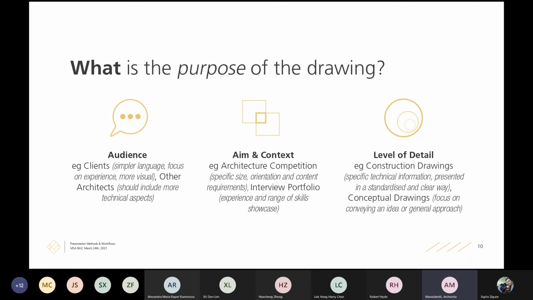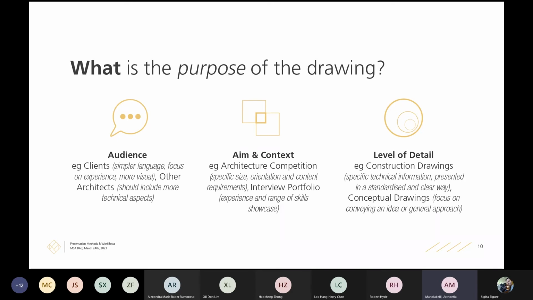What is the purpose of the drawing? In that case, you need to consider your audience, your aim and context, and the level of detail. If you have, for example, a client presentation, you wouldn't really use very technical language to talk about the story that you're trying to tell. You're going to try to show something more visual, maybe in 3D, and talk it through like that.